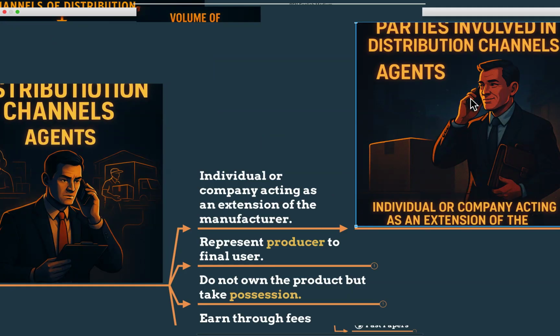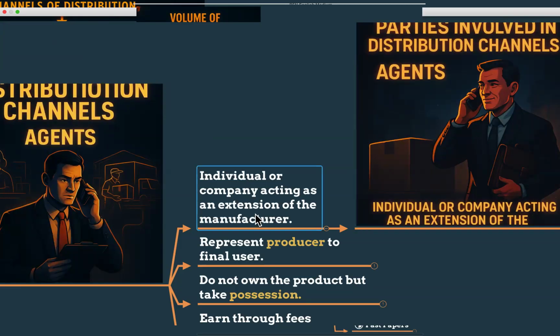They are not going to pay cash and buy the products, and they are not the owners. So they are the extension of the manufacturer, right?